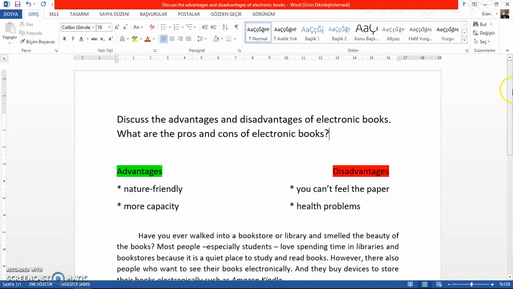It can also be like this, so be careful, but generally in our model essays we used this prompt. Discuss the advantages and disadvantages of electronic books, or what are the pros and cons of electronic books.